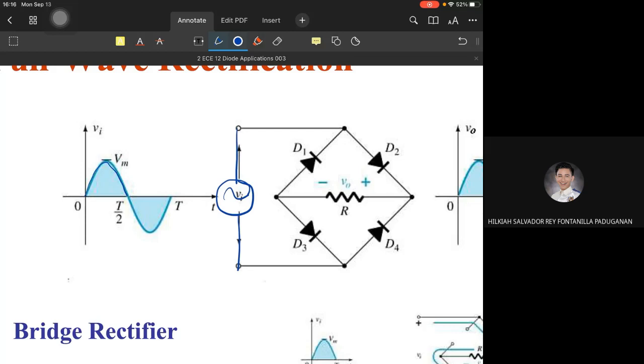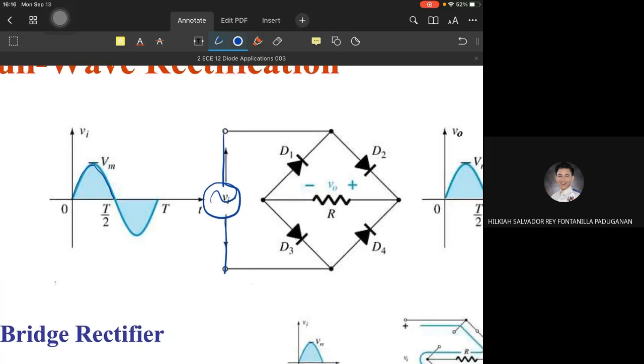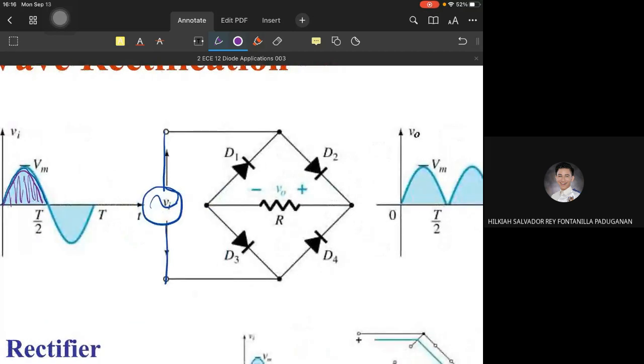So in the bridge rectifier, at the positive half cycle, 2 of these 4 diodes are forward biased and the other 2 are reverse biased. So if it is positive, the current will not pass through some.